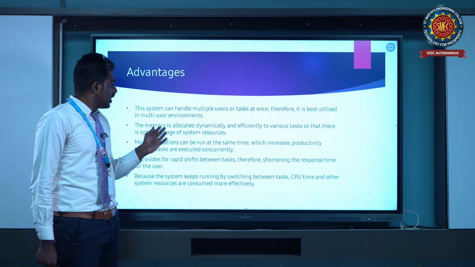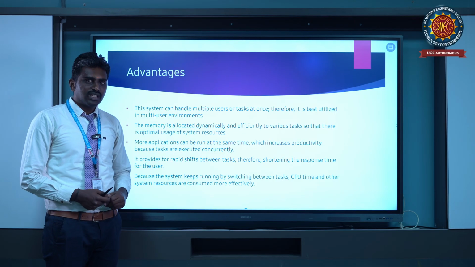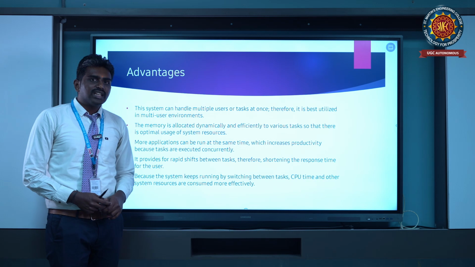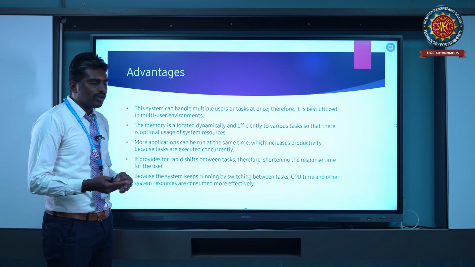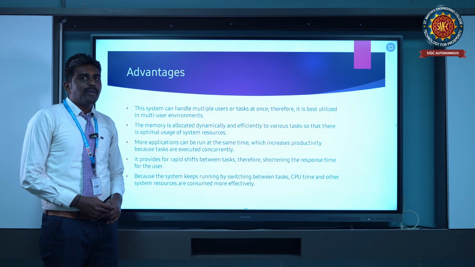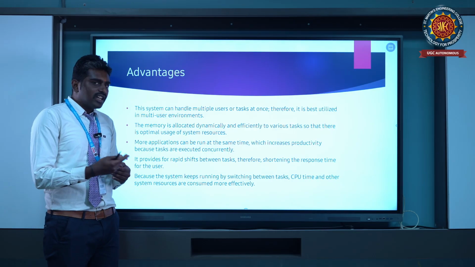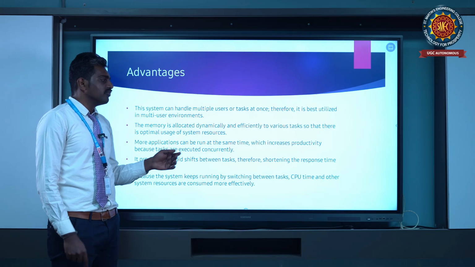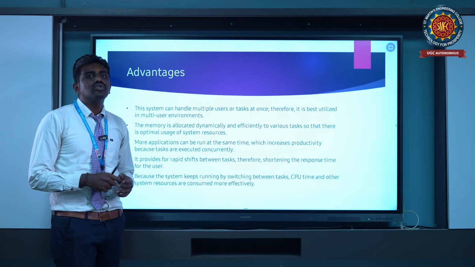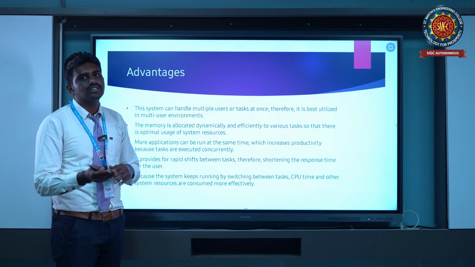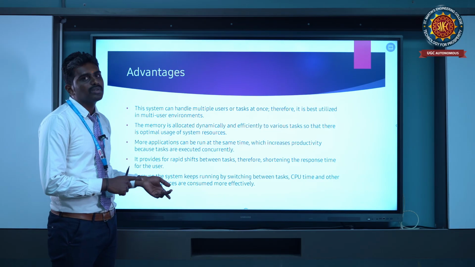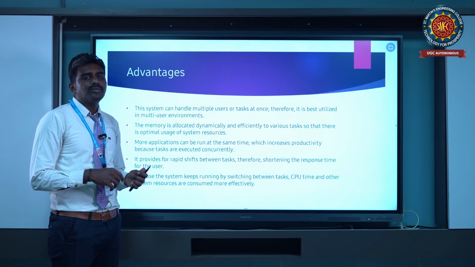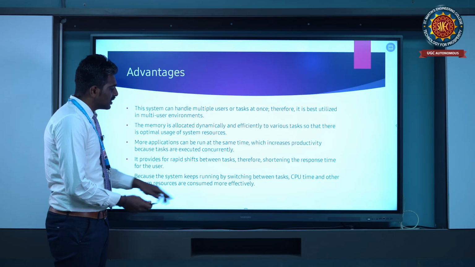Another is memory allocation, which works dynamically in this operating system, and more applications can run and execute at the same time. It provides rapid shifting between tasks and gives the process output. It uses a switching methodology to switch from one task to another. Mode switching is enabled in this process, helping switch from one process to another.